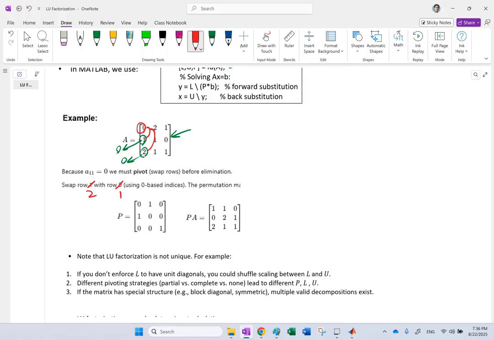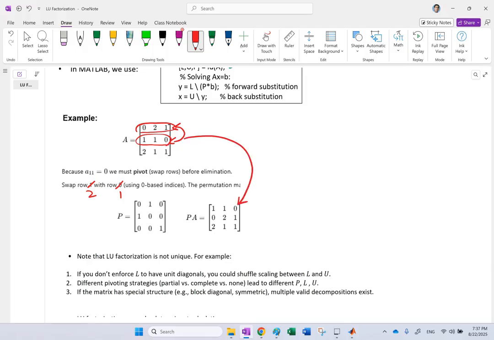Okay, yeah, that might be a little bit confusing, so I swap row 2 with row 1. In that case, right, I take this and I take that and I swap them. If I do that, my permuted version of A is going to be this, correct?